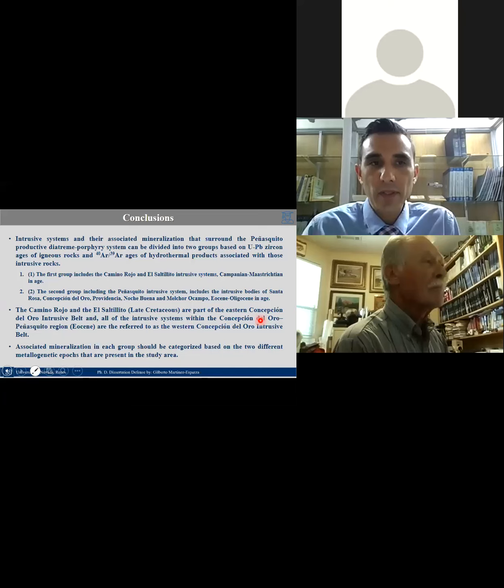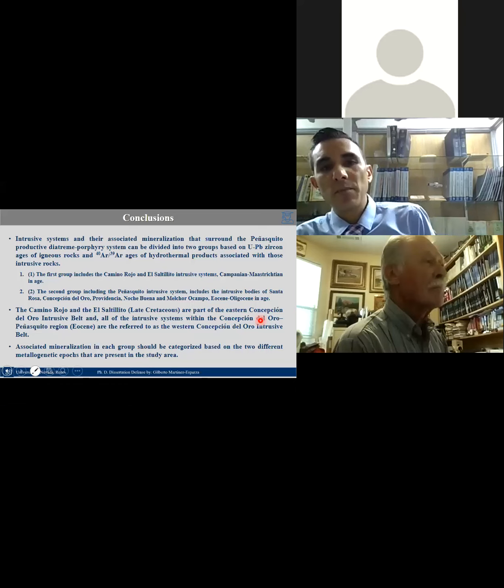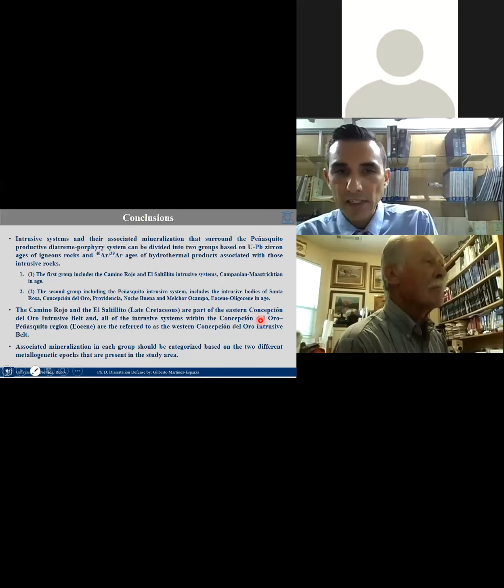The first group includes the Camino Rojo and El Saltillito intrusive systems, including in the western portion of the Concepción del Oro intrusive belt, whereas the second group includes the Peñasquito, Santa Rosa, Concepción del Oro, Providencia, Nochebuena, and Melchor Ocampo intrusive systems, mainly of Eocene-Oligocene age.